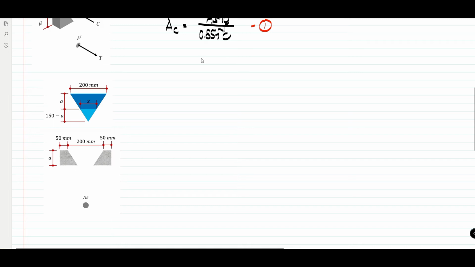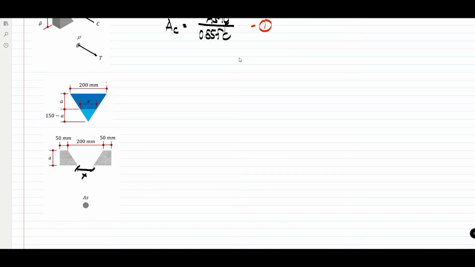So from this one, pwede tayong kumuha ng distance X para dito sa isa pang base nung uka natin. So using the ratio and proportion galing dun sa buong triangle kanina, which is ito, we can get a value for X in terms of A.